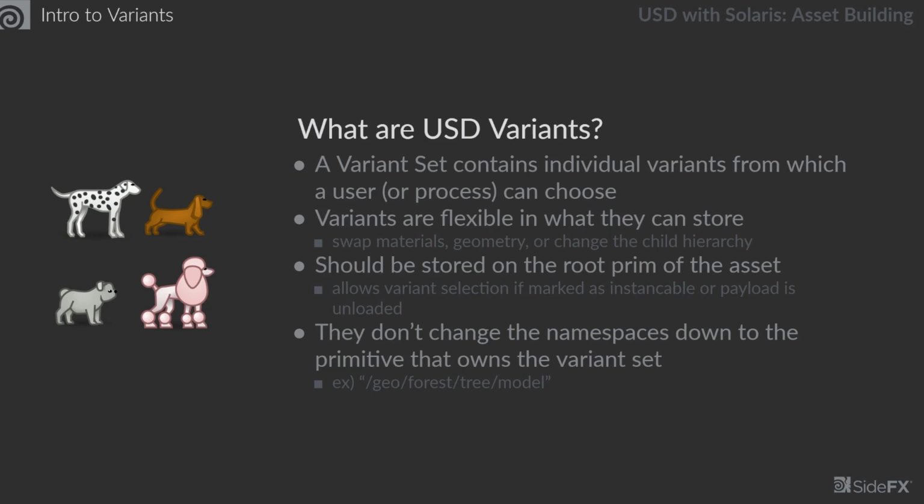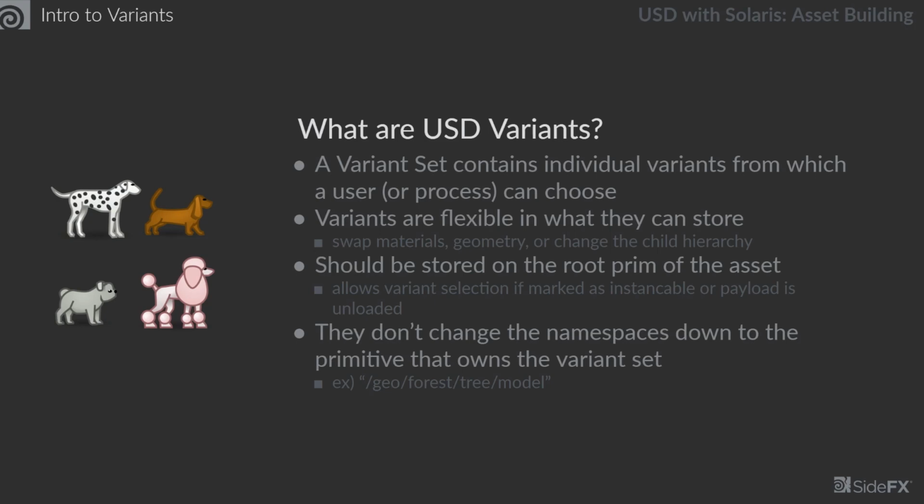Another thing to keep in mind is that variants don't change the namespace all the way down to the primitive that owns the variant set. That might be a little wordy, so I'll try to explain it with a practical example. Let's say we have a bunch of different trees stored in this path: geo, forest, tree, model. That's our hierarchy, right? And let's say there are a lot of different tree variants that we can select on that tree primitive.